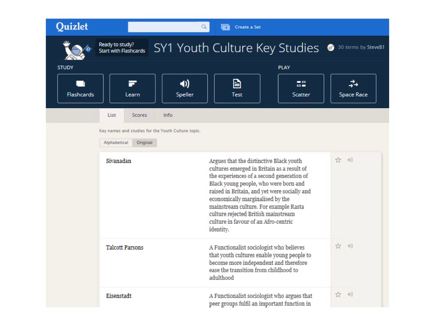And also both model answers have highlighted the importance of using key sociological studies in your answer. And to help you learn some of the most important key studies for the youth culture section, once again there's a Quizlet set of flashcards with concise summaries of some of the most important studies for this particular unit.